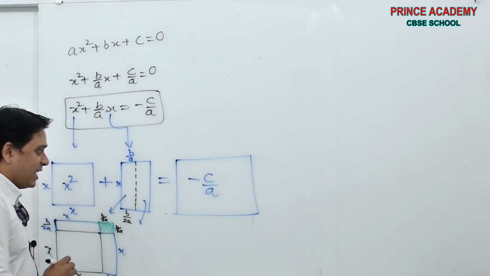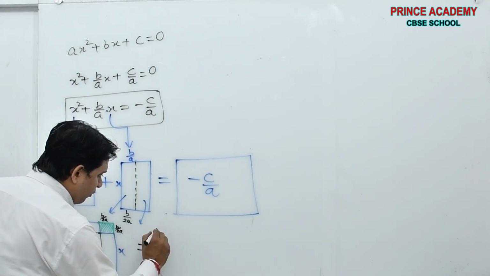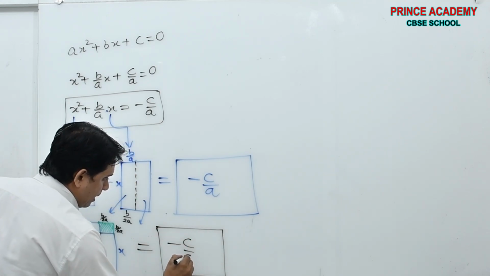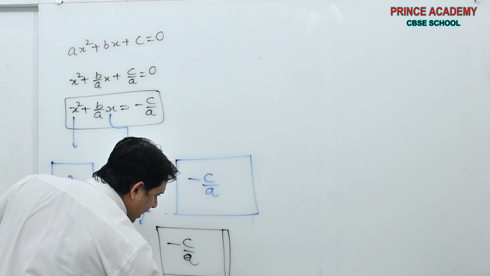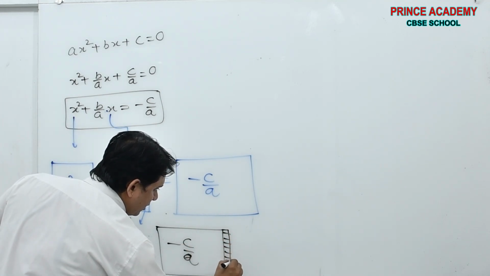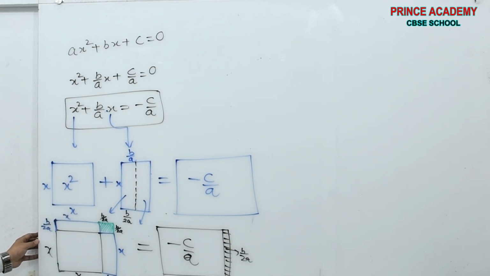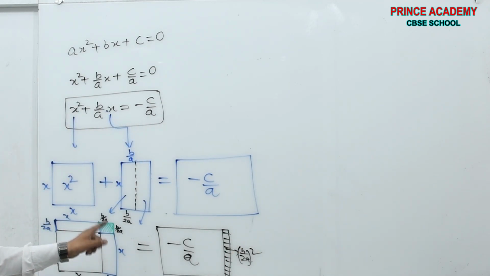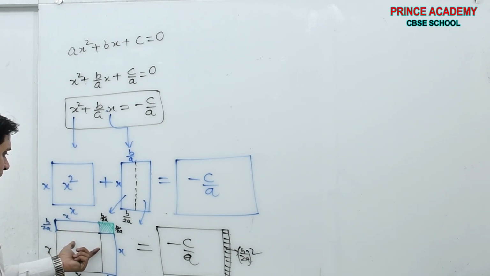If we add this to both sides, therefore, we have to add b by 2a square. Suppose this is the area we added. This side is also b by 2a. Whole square, sorry beta. It was b by 2a whole square now. Area is side square.